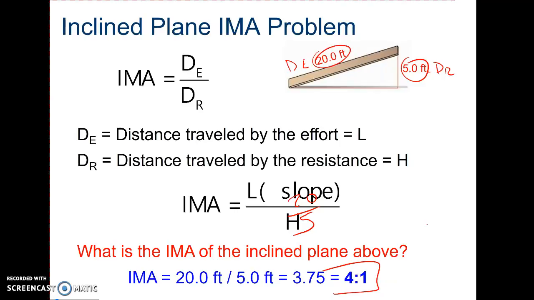So what this says is that I'm able to apply 4 times less effort force to actually push the cart up the ramp compared to the force resistance. So if we just, for simplicity, say the box weighs, the force of gravity FR would be 4, and the effort force that I would apply would be equal to 1. So our effort force is 1, our resistance force is 4, so we've been able to multiply the force magnitude by 4.